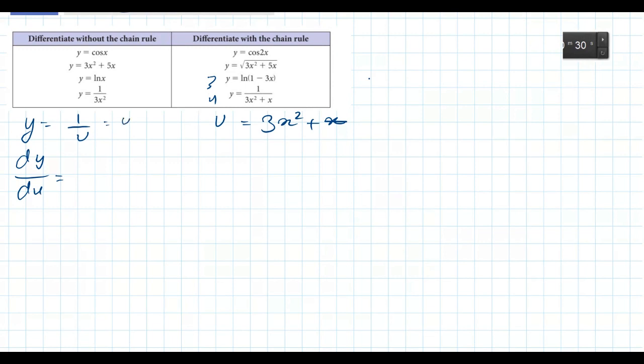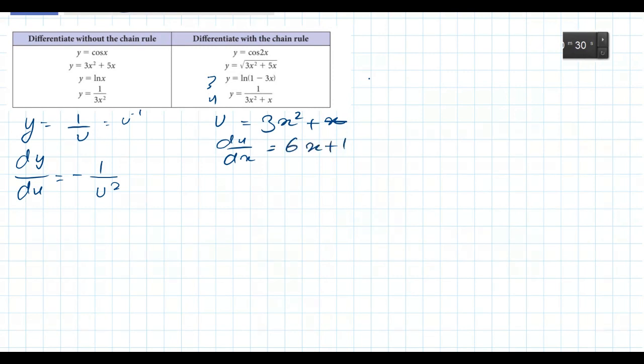Then you're going to drop the negative. After that, it becomes subtracting 1. It becomes u power negative 2. You're going to put it in the denominator. Becomes u squared. Clear? Then about du over dx becomes 6x plus 1.